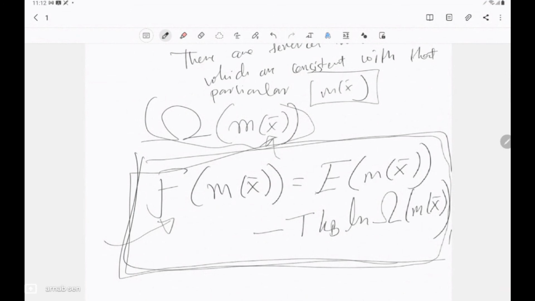Okay, this is basically how the Landau free energy comes. But as I told you, you would almost never do this exercise microscopically for an interacting theory.